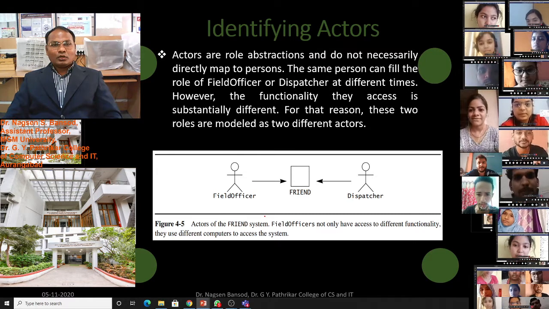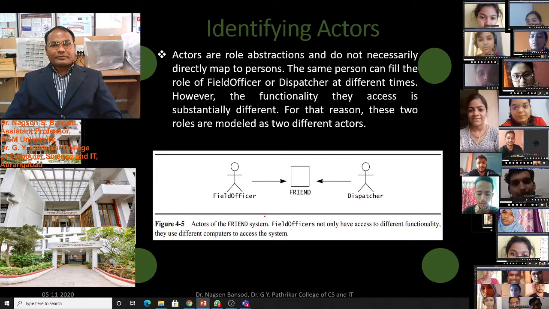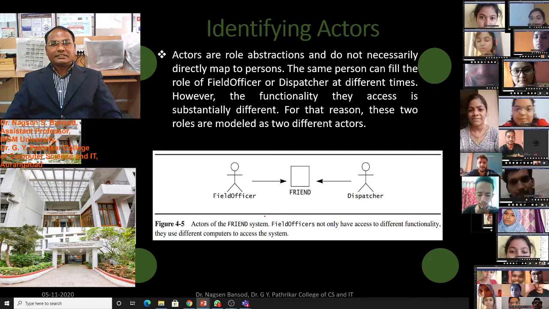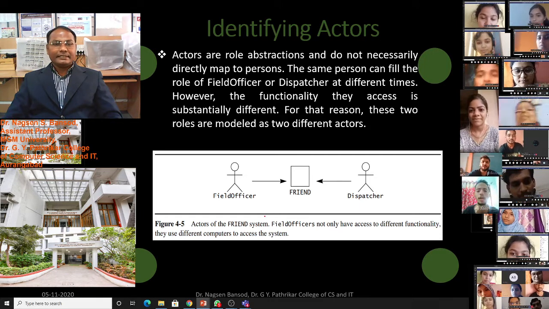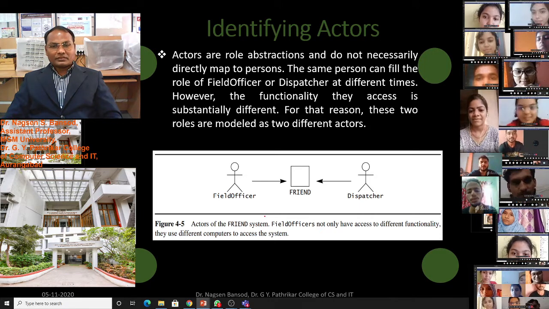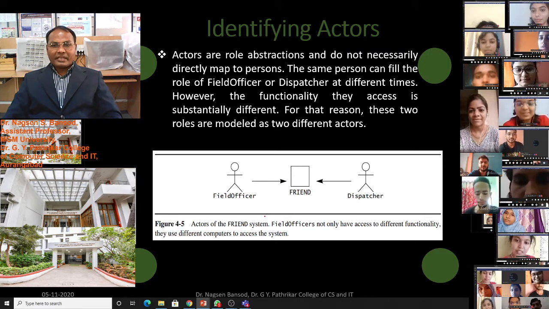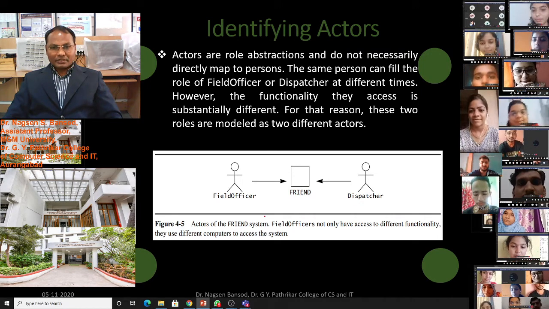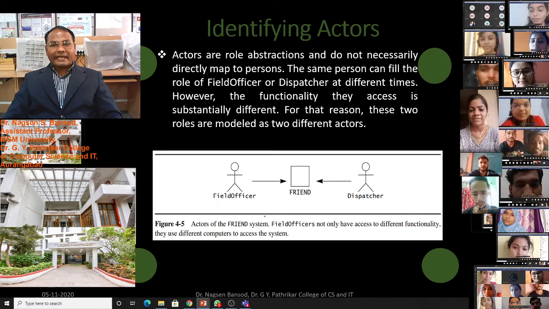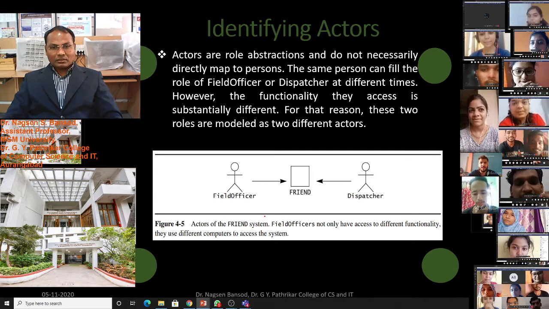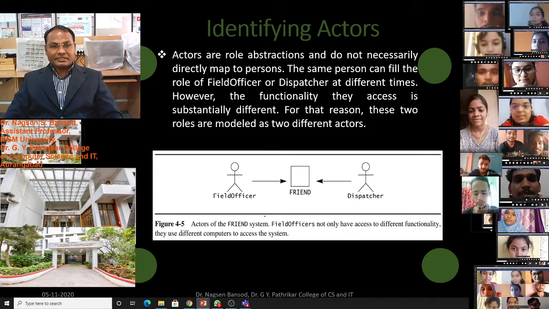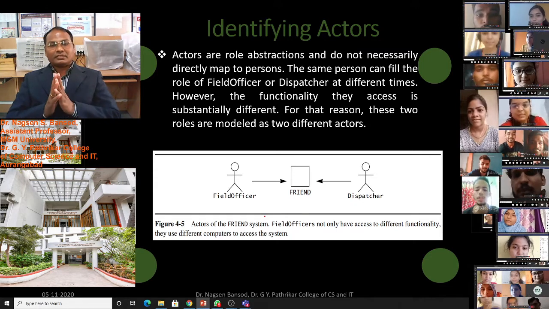Actors are role abstractions and do not necessarily directly map to persons. The same person can fill the role of field officer or dispatcher at different times. However, the functionality they access is substantially different.